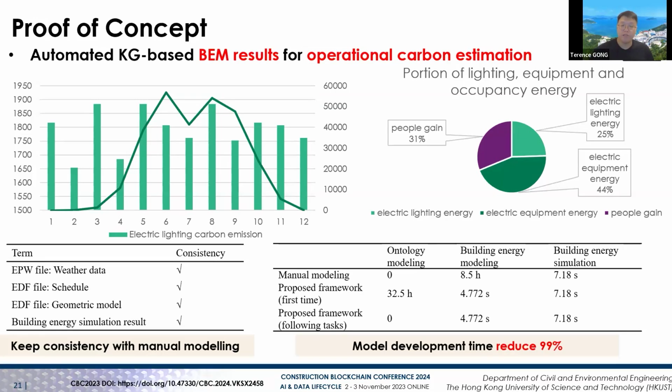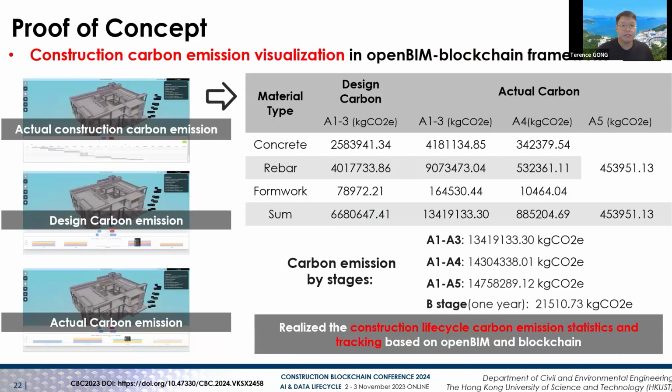And the model development time is reduced by 99%. The carbon emission results are shown here. First, we can get the different carbon emissions in the A stage and the B stage. All the results are shown here, and by this framework, we realize the construction lifecycle carbon emission quantification and tracking based on OpenBIM and blockchain.